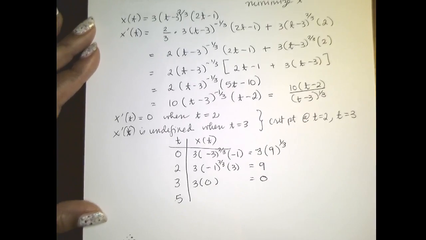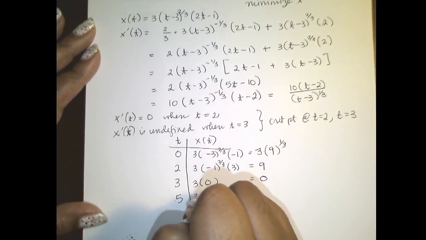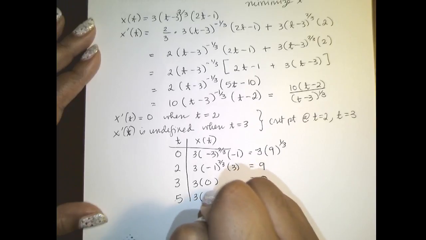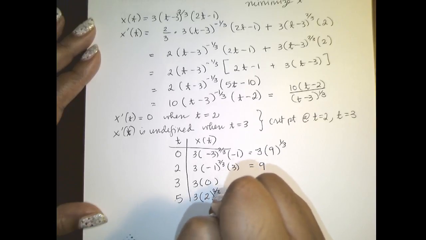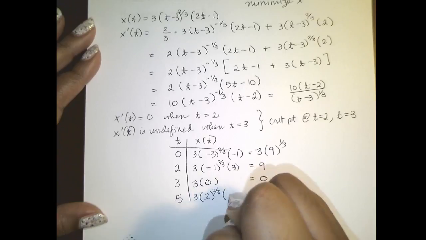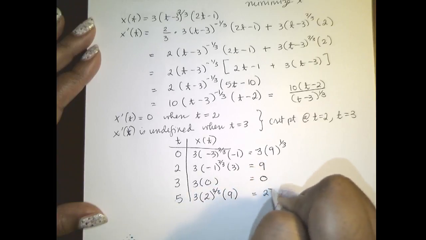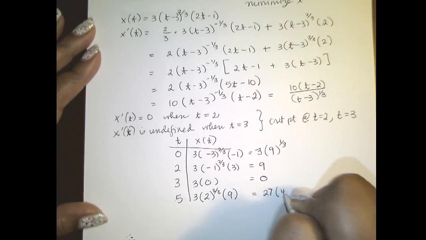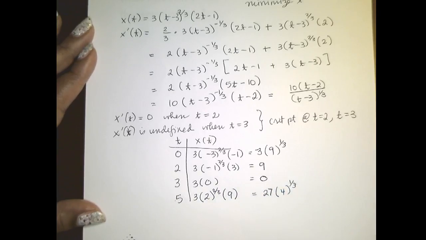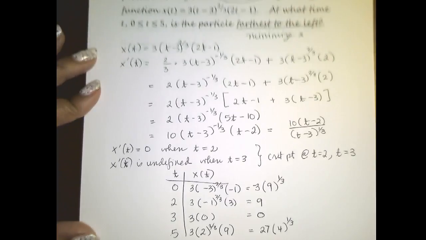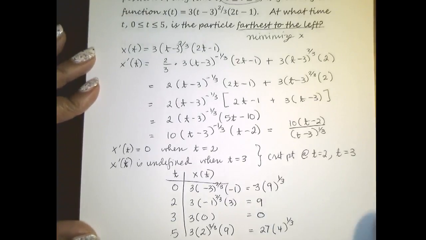And when I put 5 in, 3 times (5 minus 3) is 2 to the 2/3 power, times (10 minus 1), which is 9. So I'm going to write this as 27 times 4 to the 1/3 power. And it was asking when it was farthest to the left, right? So I want the minimum value of x.